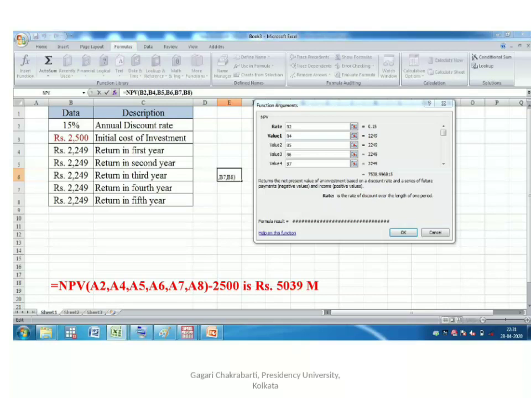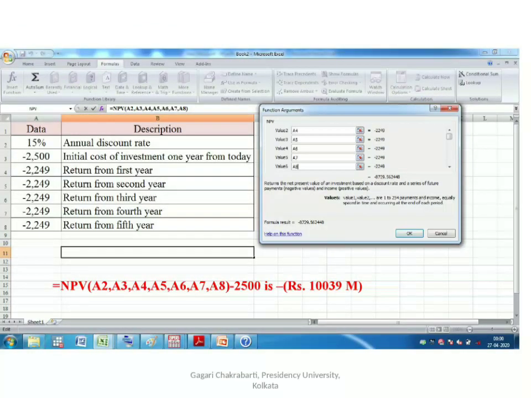Now this is the NPV if the project succeeds, but the project may not succeed actually. Then in that case, the project will be giving negative return in all the 5 years. Once again, this is a very restrictive assumption because all the negative values are equal, but given that we can find out the net present value to be negative.